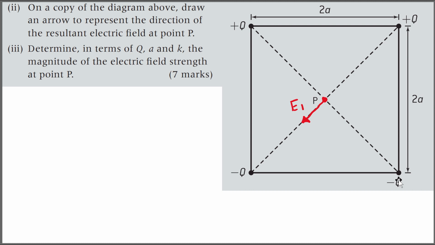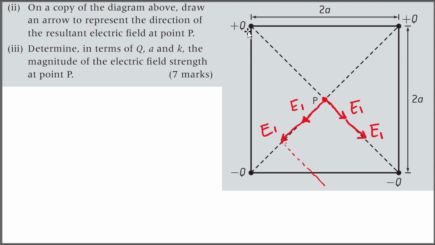And also this negative Q will attract it with the same magnitude, same direction. This positive Q on the top left corner will repel that test charge with the same E1. And also this bottom right corner will attract it with the same magnitude, same direction, E1.